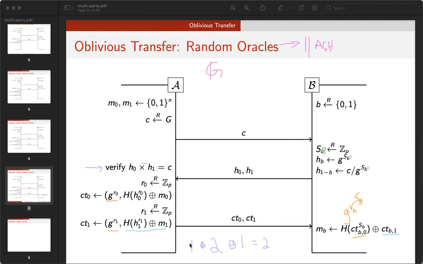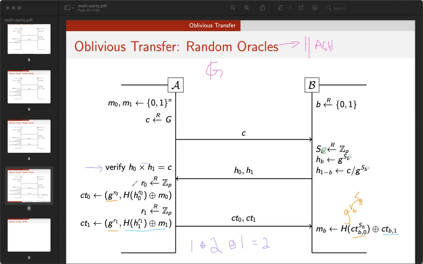And then what Alice does is first she verifies that Bob came by H0 and H1 honestly by checking that G to the SB times C over G to the SB equals C. Otherwise, Bob could have cheated. So it's pretty unlikely Bob cheated if we can verify this. Then Alice generates the ciphertexts.